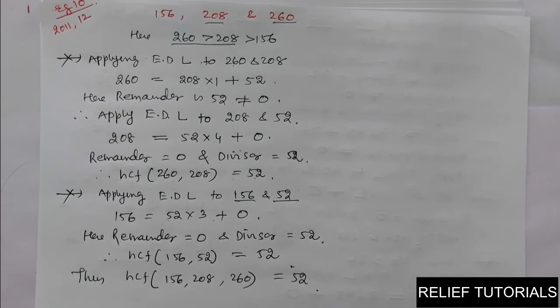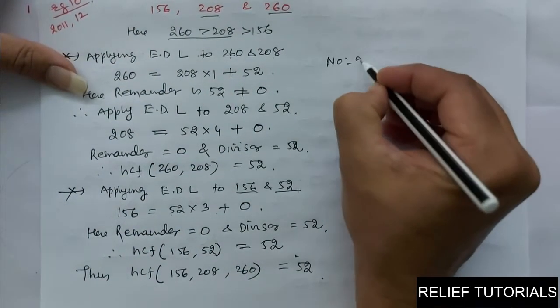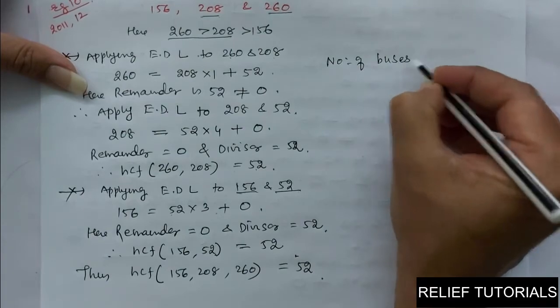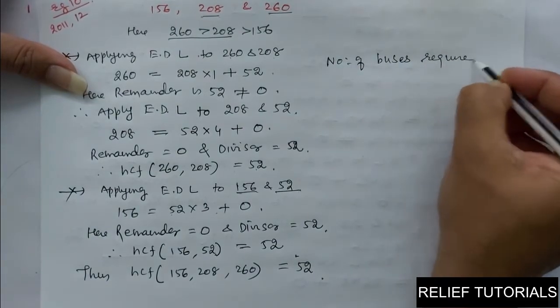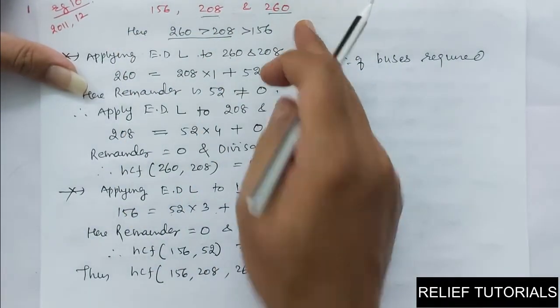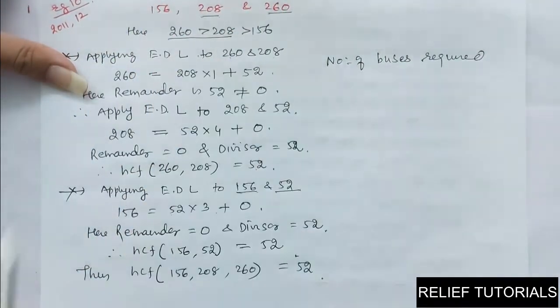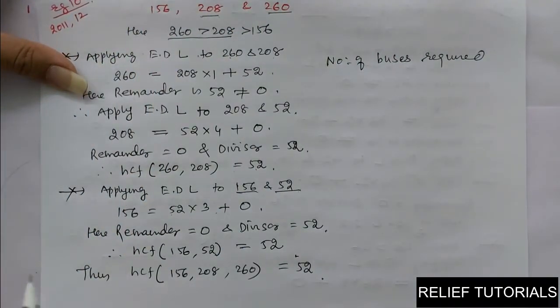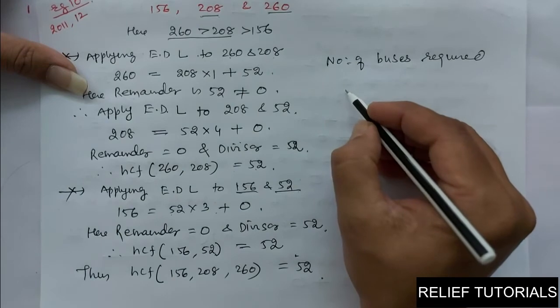Hence the number of buses required. Now number of buses required. So each number, HCF is 52 means each number will be divided by 52. Clear? So in one bus there will be 52 members.